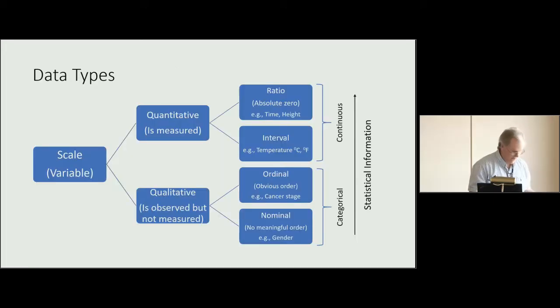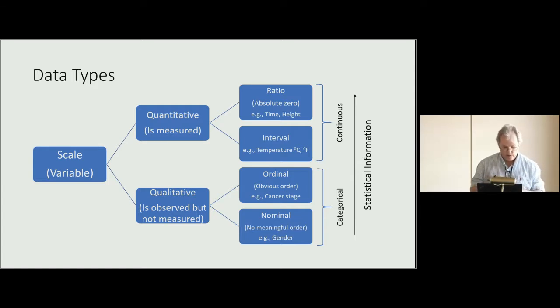So what about the data types? The type of values influence the ways in which the variables can be summarized and statistically evaluated. These can be classified into one of four types. It really depends on the type of scale used to characterize their values. So we have nominal scale variables.